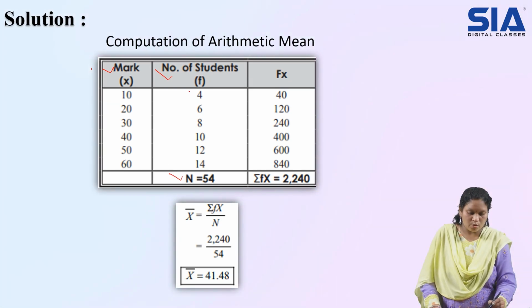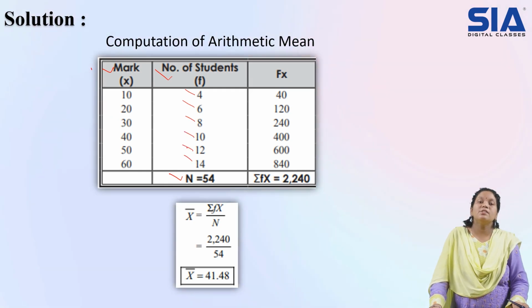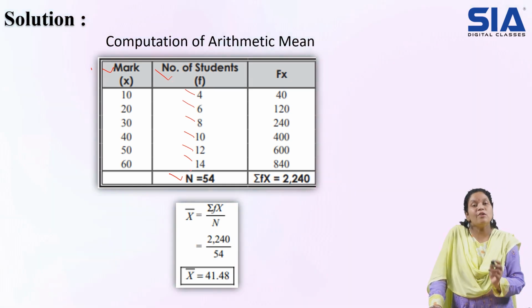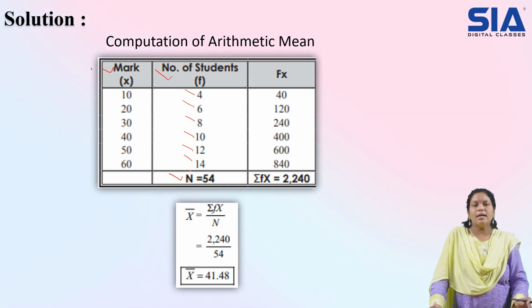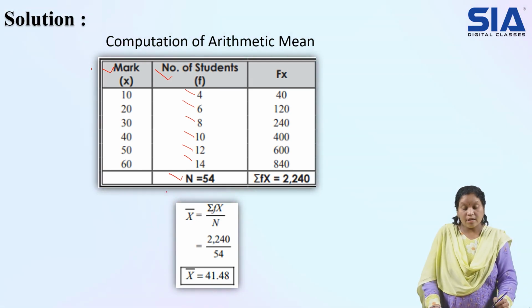So we need to total 4 plus 6 plus 8 plus 10 plus 12 plus 14. That is your capital N, the total of frequency. F is nothing but frequency. If you add up that frequency, you will get capital N. For individual data, you get it by counting the number of observations. For discrete data, add the frequencies, then you will get capital N. Now it's clear with capital N.